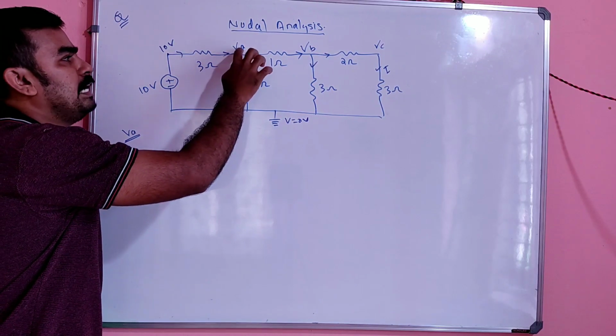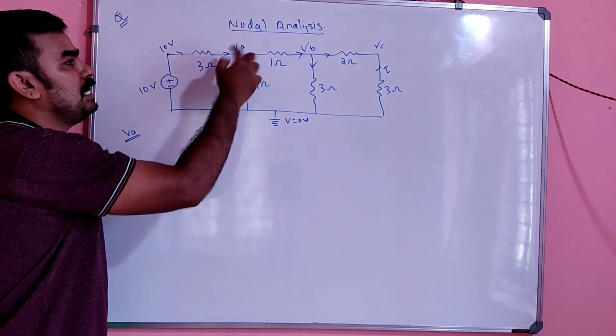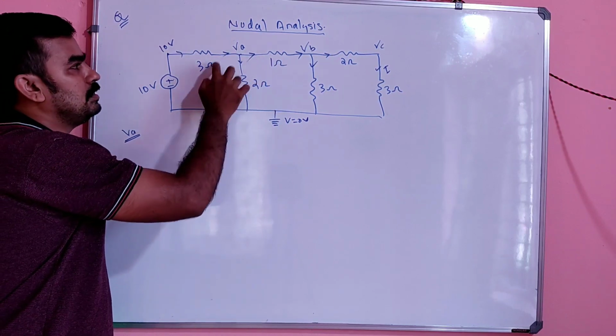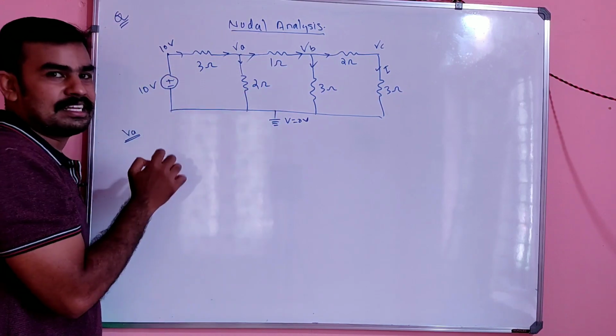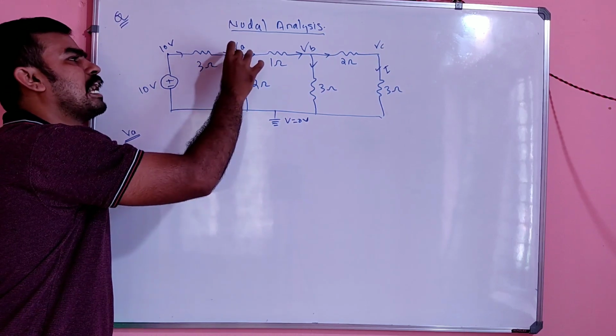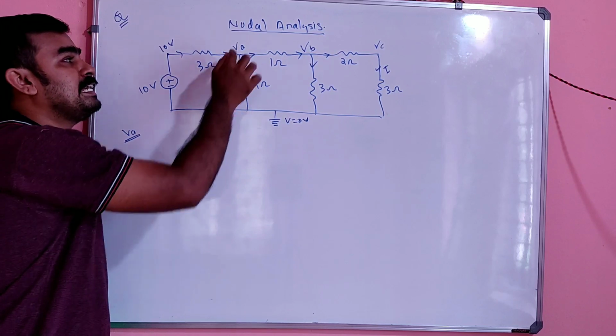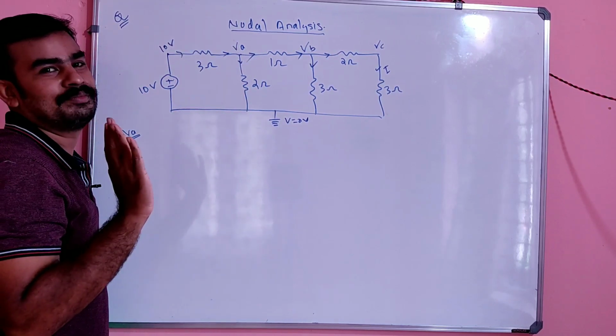Considering VA as the node voltage, in this node there are three elements connected: 1, 2, 3. So you have to write the current equation for the 3 elements and apply KCL at node A, that's all.